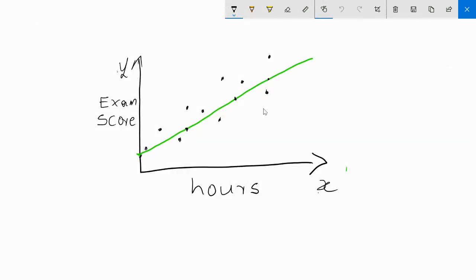As I was saying, not all the points are on the regression line, so we talk about these errors. If you look at the first point, for example, it's very close to the line, but it's not on the line. And if you go to the second one, it's also not on the line.